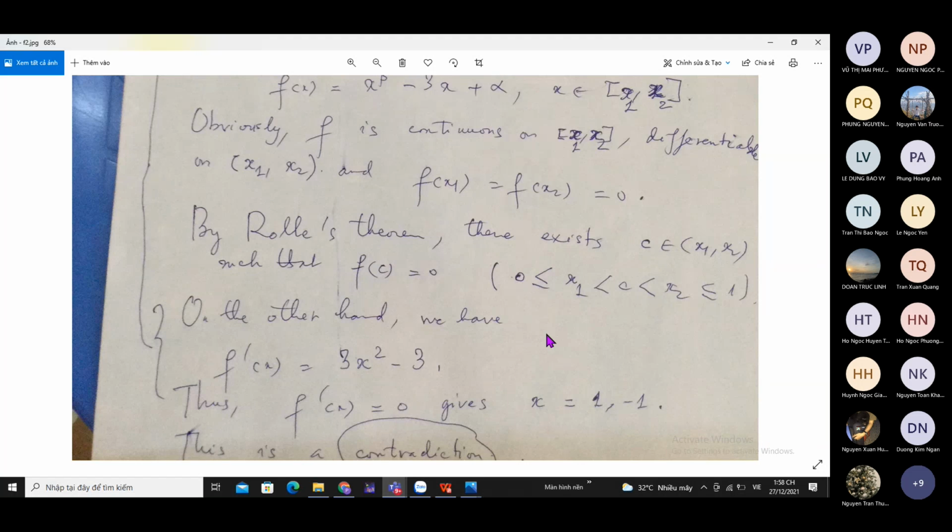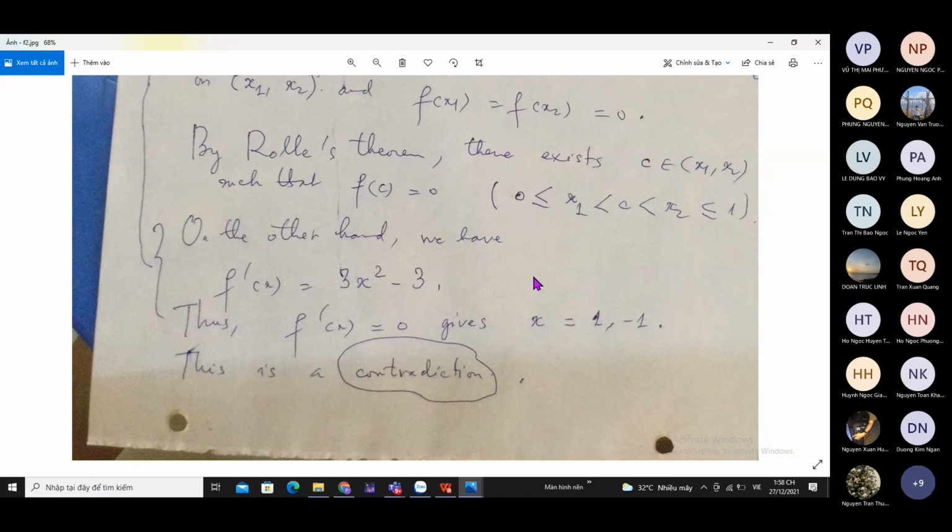However, if we consider the equation f prime of x equals 0, f prime of x gives you 3x squared minus 3, right? And f prime of x equals 0 gives just two roots, 1 and minus 1. It is impossible. This is a contradiction. By the Rolle theorem, there is a number c between 0 and 1 such that f prime of c equals 0.